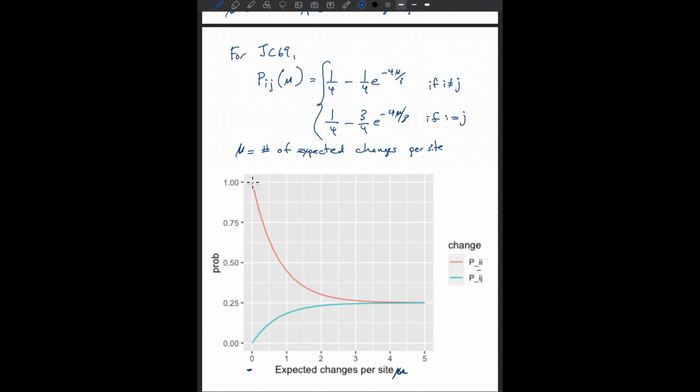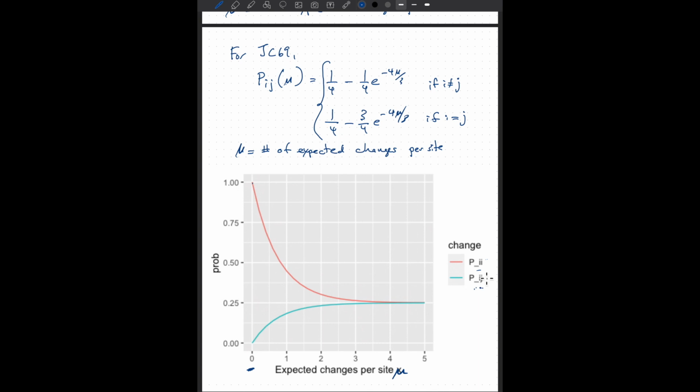Not surprisingly, it's 100%. The probability is 1. It's a sure thing, because if I don't expect any changes, then I stayed. Likewise, if I don't allow any evolution and I start in state A, I'm not going to end in a different state J.